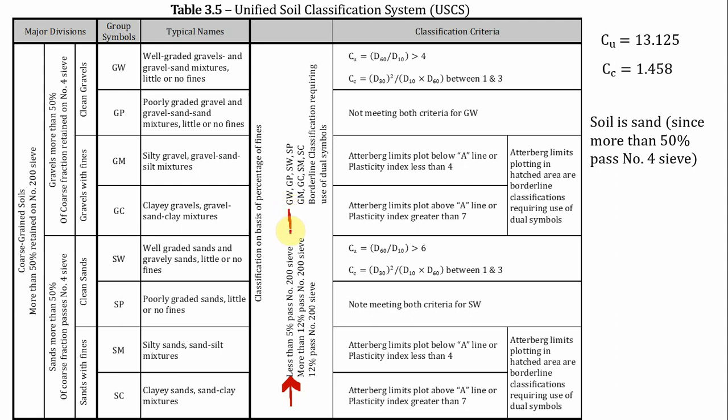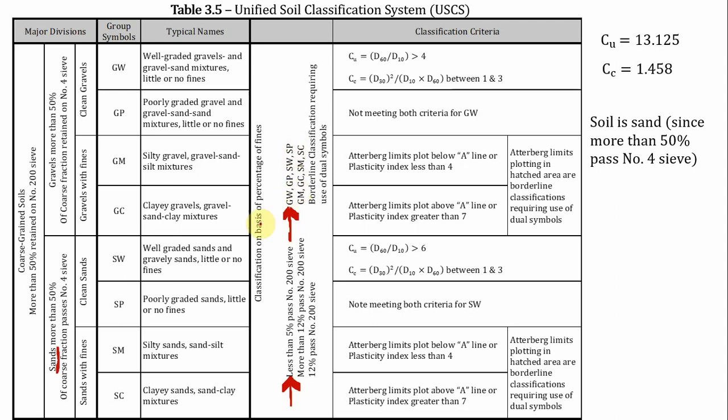Dito, class, sinabi dito that yung soil natin is either GW, GP, SW, at SP. Di ba dito, yung soil natin is a sand na. Yung possible answer natin is SW, SP, SM, at SC. Pero dito, yung possible answer natin is GW, GP, SW, and SP.